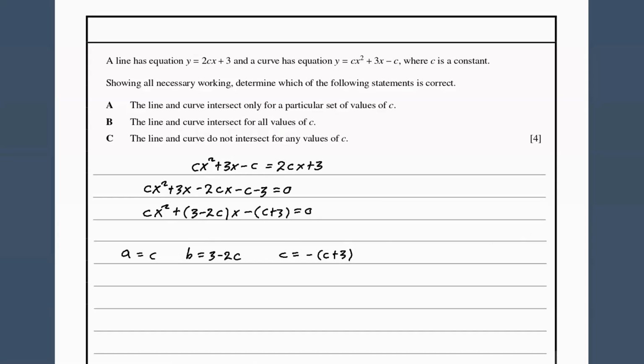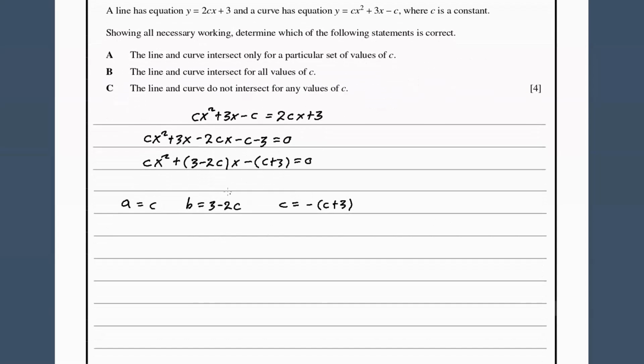All right. So here, what we're going to do is we're going to do the discriminant b squared minus 4ac, which will give us 3 minus 2c squared minus 4 of c of minus c plus 3. So this will become a plus. So c plus 3 here.